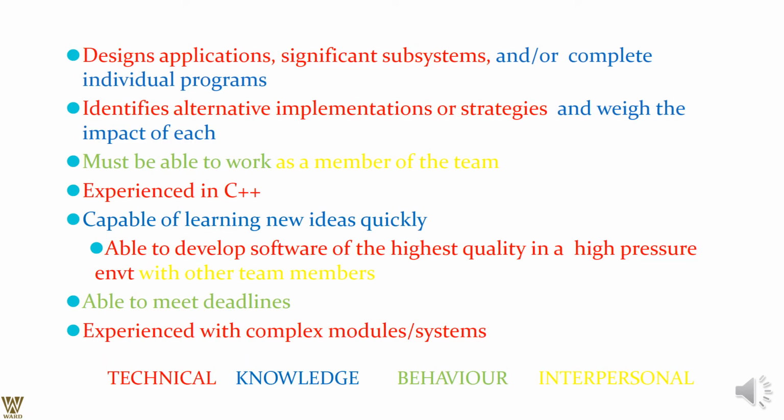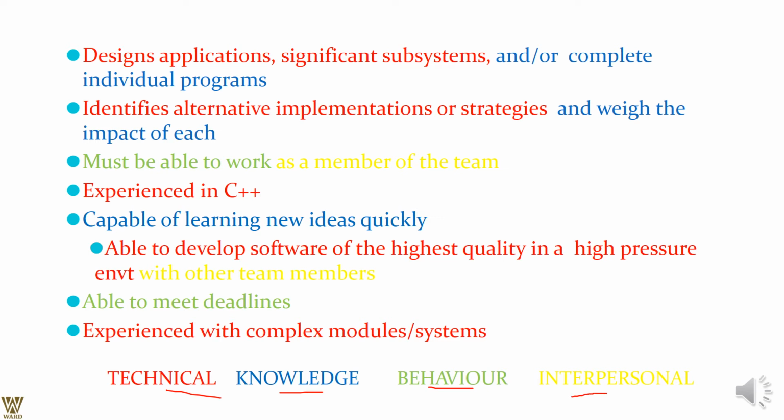Nevertheless, we started with this particular topic as let us build the competency. Look at what I have done. I have used red color, I've written something in blue color, something in green color, and something in yellow color. What does this notify? These are technical knowledge, abilities, knowledge, behavior, and interpersonal skills or competency that we are looking into.